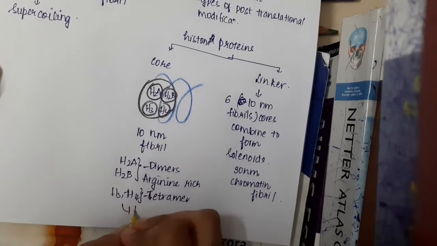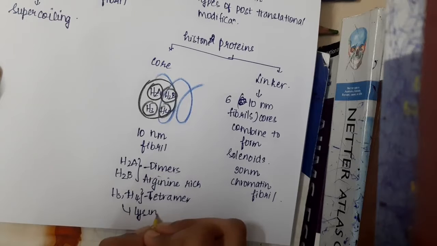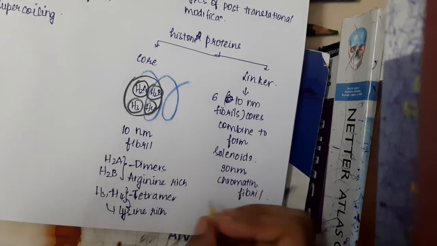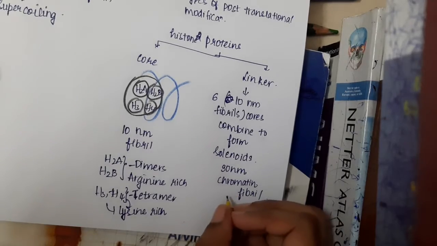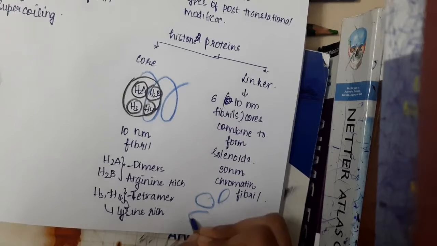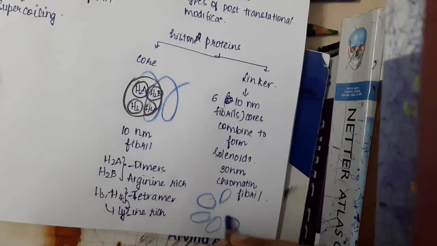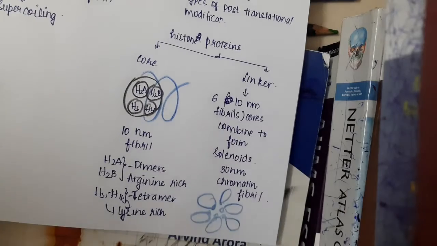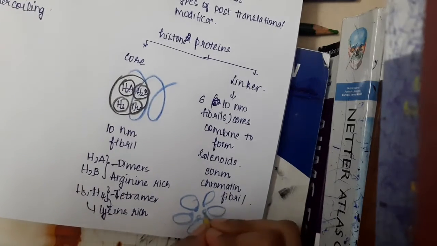Linker histones are H1 histones, seen in the linker region here. These are loosely bound to nucleosomes. So this is what we have seen as 30 nanometer and 10 nanometer. Are you clear with the histone proteins?